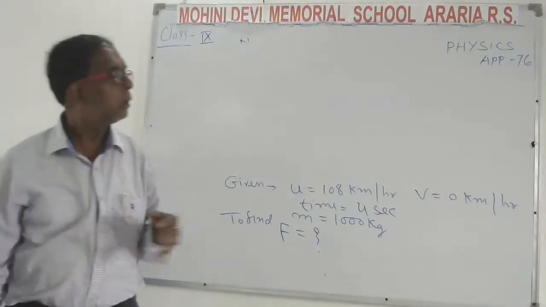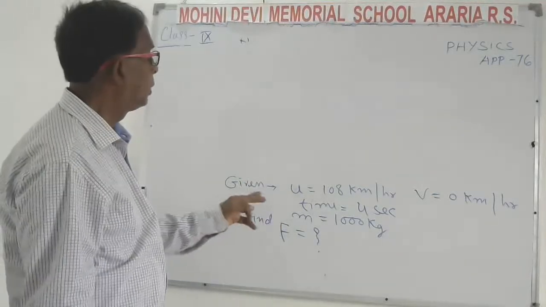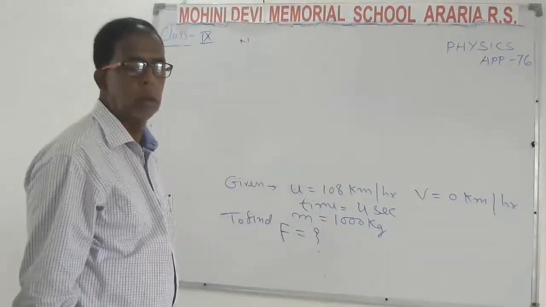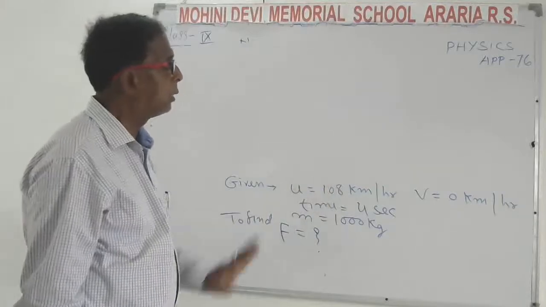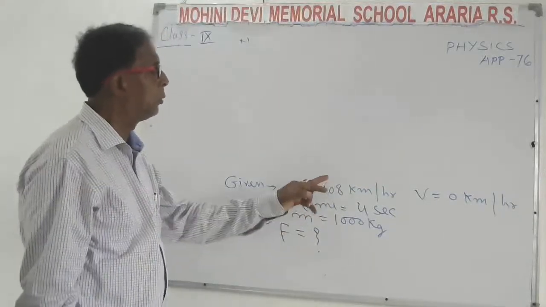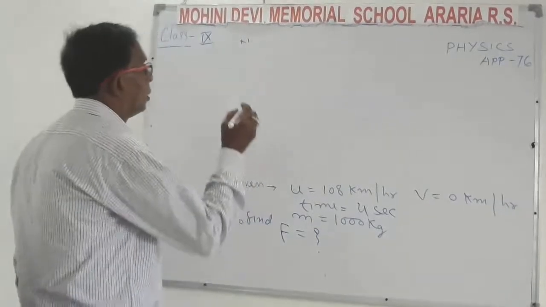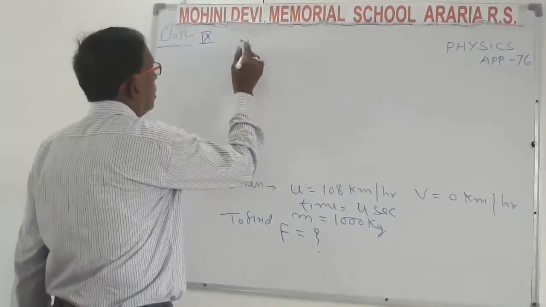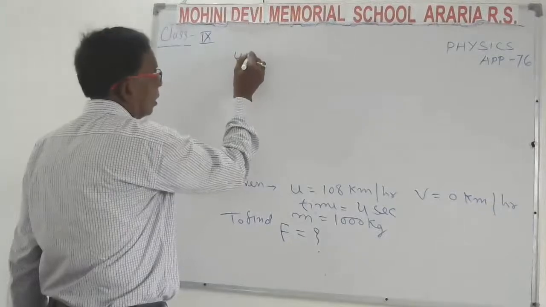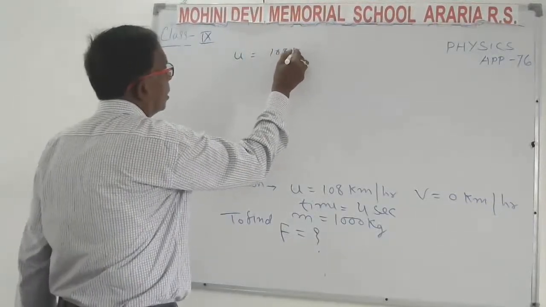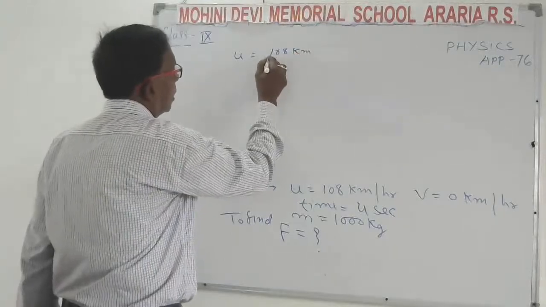So for that, at first you have to change kilometer per hour into meter per second, because the time is given in 4 seconds. So u is equal to 108 kilometer per hour.